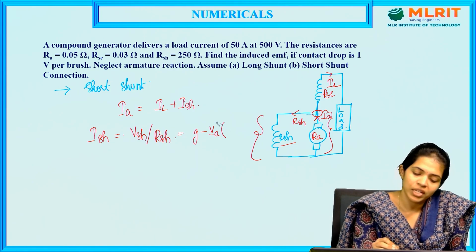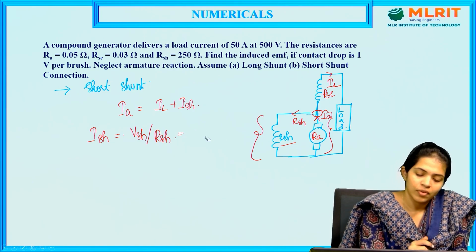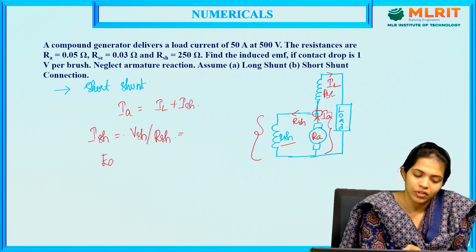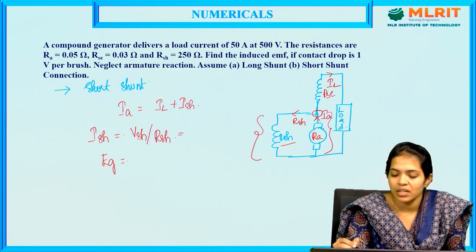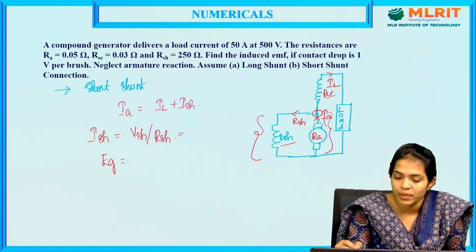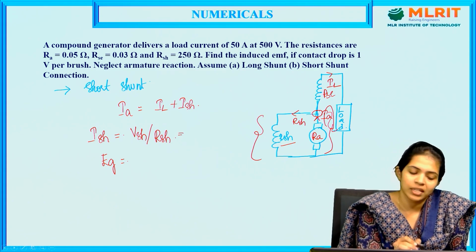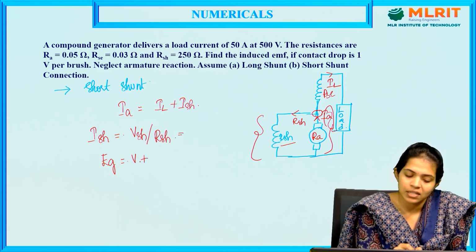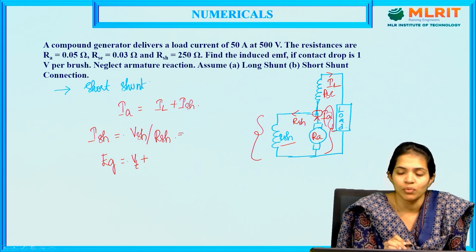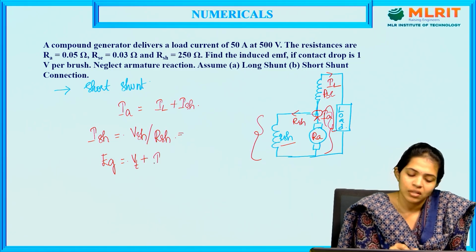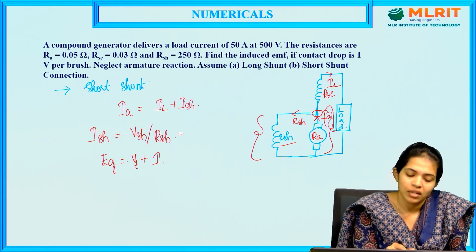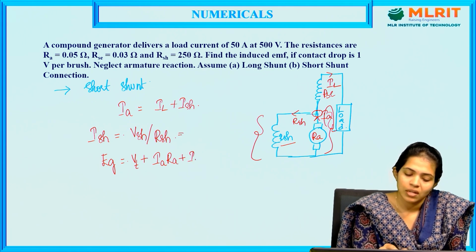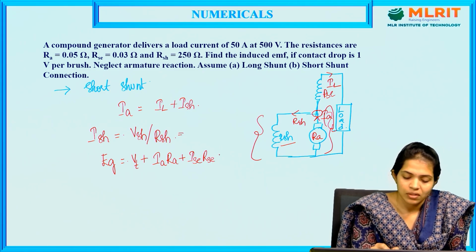First let us write the equation for EG. So when I write the EG equation or the generated EMF equation for this particular loop here, I will get it as V, that is nothing but the voltage across the load, the terminal voltage, plus the current which is flowing in the armature conductors, plus ISC, RSC. Plus we also have the brush drop.